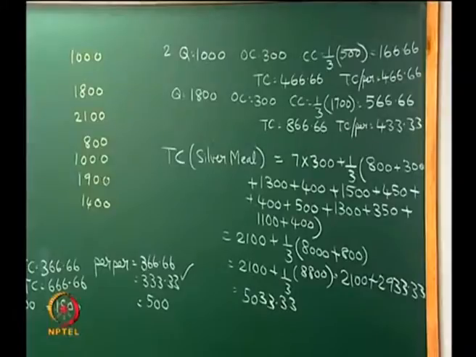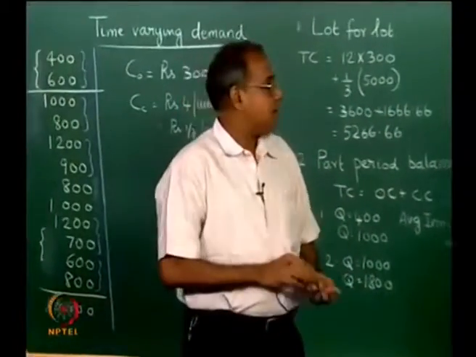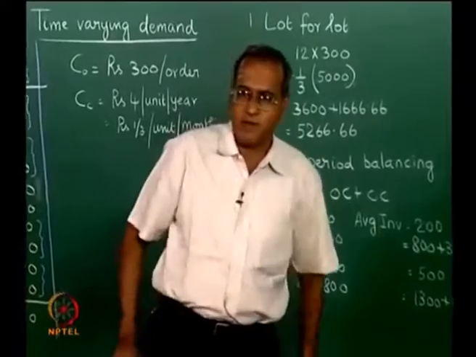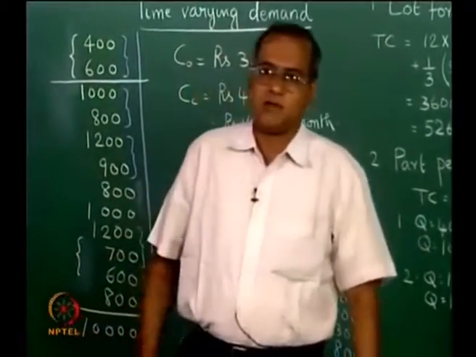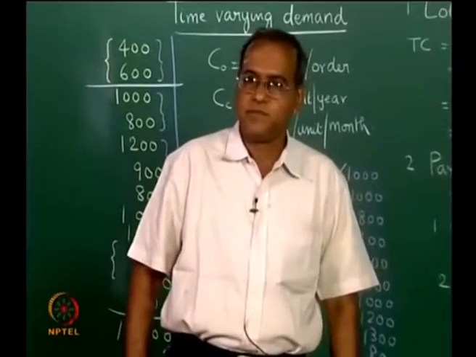For this particular example there is a slight gain when we do Silver Meal compared to when we do Part Period Balancing. In some sense both Silver Meal and Part Period Balancing give solutions which are very close to the optimum, which is 5000.